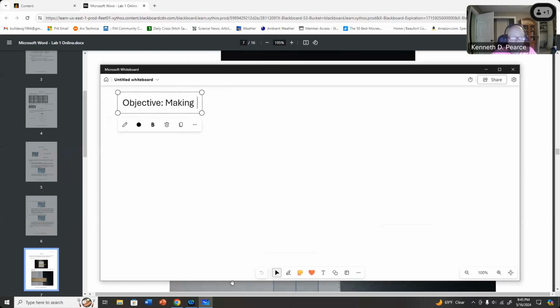That's exactly what we're doing in this lab. We're making a series of measurements. And I'm not much of a typer here. Making a series of measurements with proper significant figures.